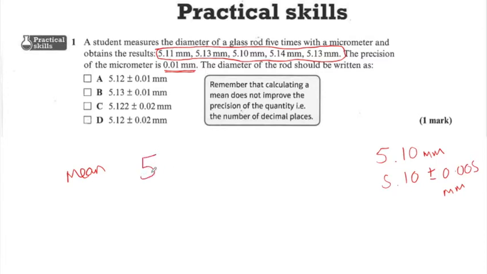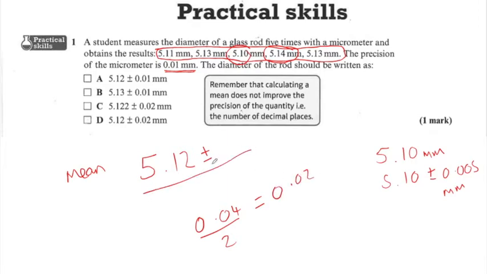Then to work out the uncertainty, you look at the biggest number, 5.14, and the smallest number, 5.10, and that gives you your range. Your range is 0.04. If you divide that by 2, that gives you your margin of error, 0.02. So the final answer is 5.12 plus or minus 0.02 millimeters.